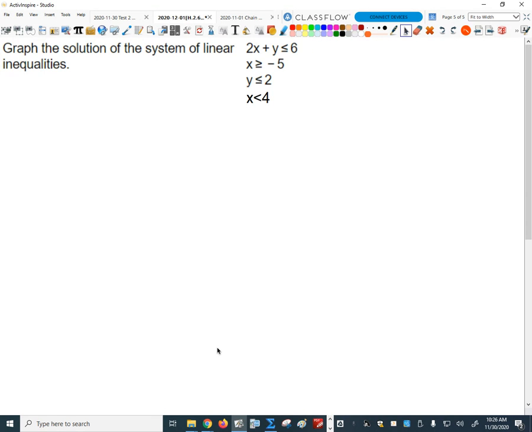Okay, if I graph this thing. And now it doesn't have to be all 4. Like in the last one, we had a 3-sided shape and we had 4 inequalities. But we could get up to 4 different sides on this region that's defining the solution, right? Some of them are going to be dashed boundary lines and some of them are going to be solid this time. But do you want to go through this one or not?